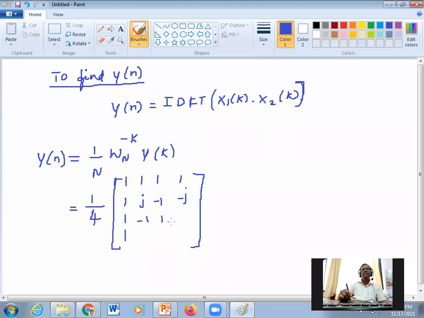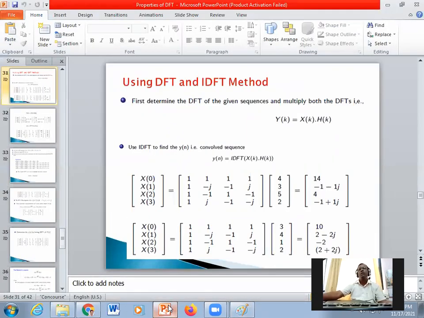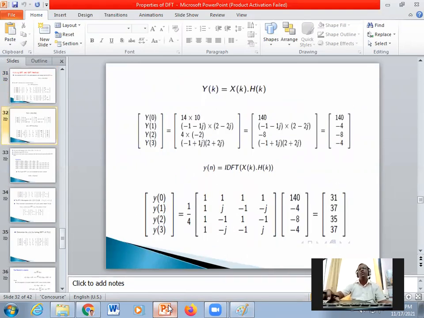This is minus 1, 1, minus 1, and this will become minus j, minus 1 and plus j, which is multiplied with the term y of k. I think somewhere it's getting wrong. Correct? Okay. This is correct.